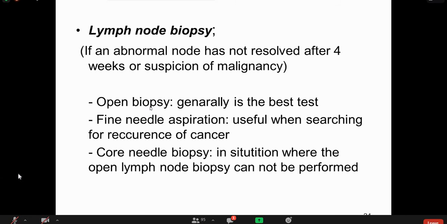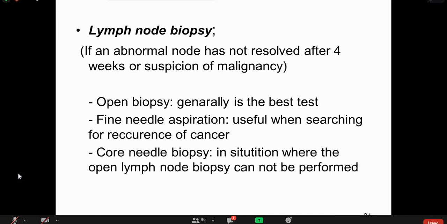Open biopsy is the technique in which there is excision of the whole lymph node, and it is more sensitive because the whole specimen of the lymph node is removed under general anesthesia and is examined in the histopathology department for the presence of infection or malignancy.